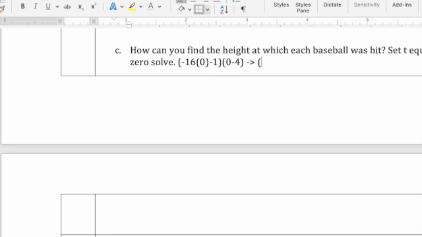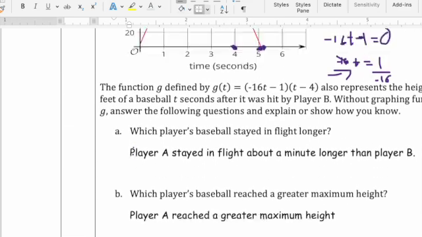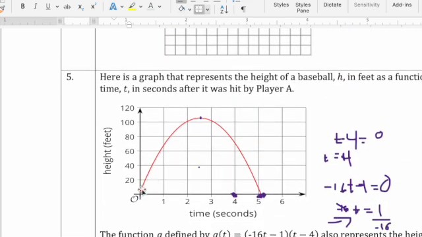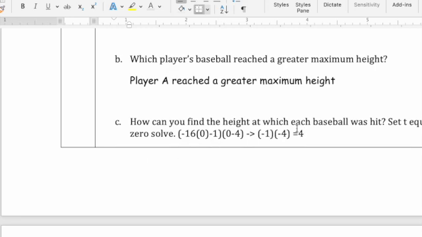So I have negative 1 times negative 4, and that gives me 4. So player B's ball started at a height of 4 feet. And that's how you would find it. That's how you find the y-intercept. Set t equal to 0.